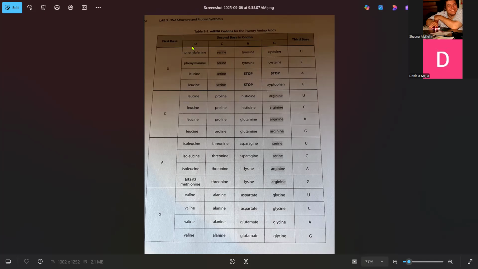And the third base is also U. So I have the U here, that's phenylalanine.